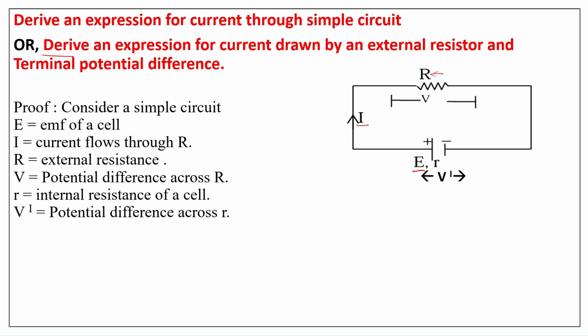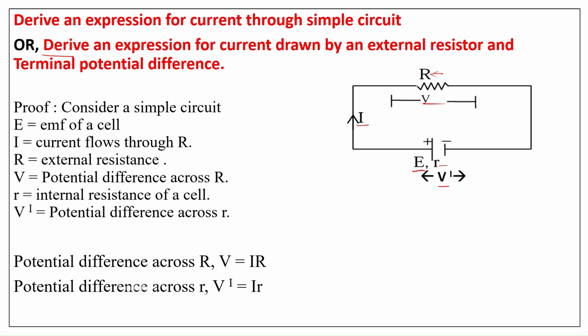V is the potential difference across R. Small r is the internal resistance of the cell. V dash is the potential difference across small r. Therefore, the potential difference across R is V is equal to IR. Potential difference across small r is V dash is equal to I into small r.